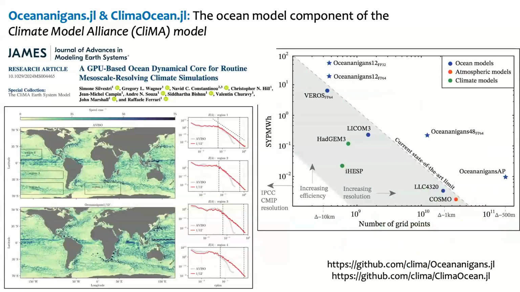And this is a recent paper that shows early simulations with this Oceananigans model at 1/12 of a degree, that's about 6 to 8 kilometer horizontal resolution. So far, really no climate model that runs for hundreds of years is able to run with such resolution.